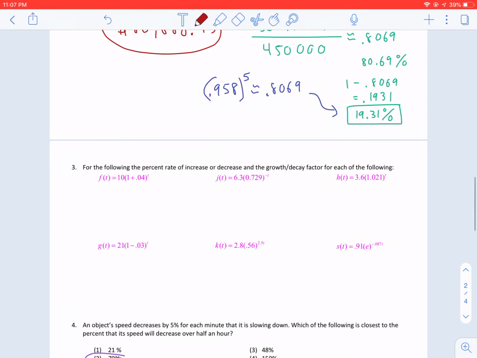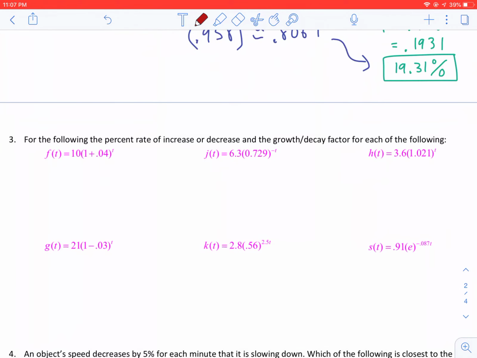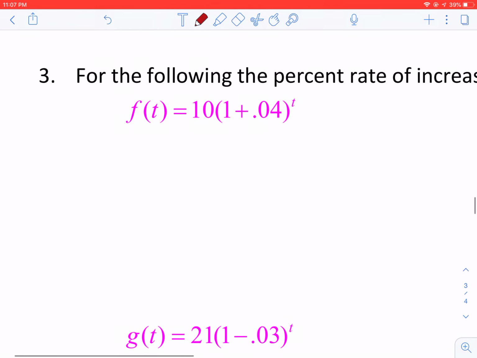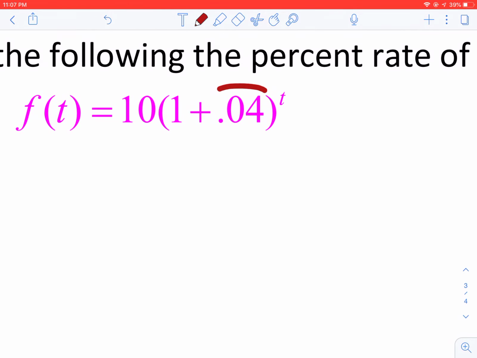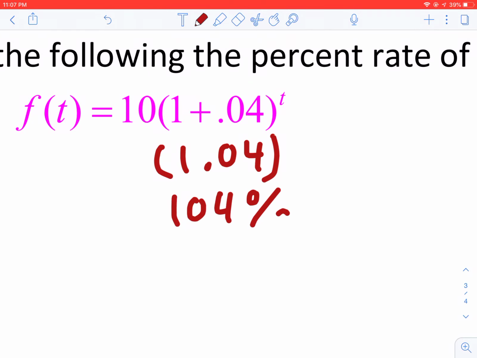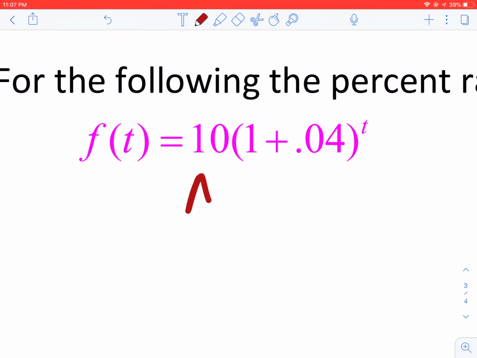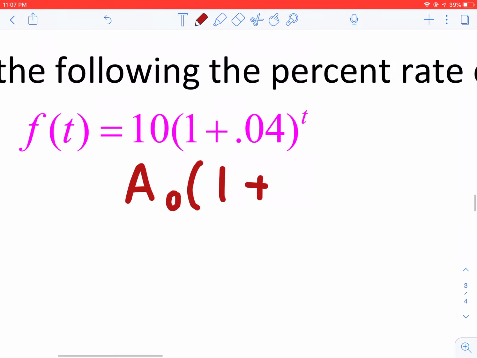And for 3, sometimes the percent rate of increase or decrease, or the growth factor or decay factor, isn't written out nicely, and you need to do a little bit of work to find it. So let's take a look at a couple of these. For this first one, f of t, we can clearly see that we're increasing by 4%. That is 1.04, so that's a 4% increase. As a decimal, it's 104%, so we're increasing by 4%. You can also take a look at the formula: a sub 0 times 1 plus r to the t.